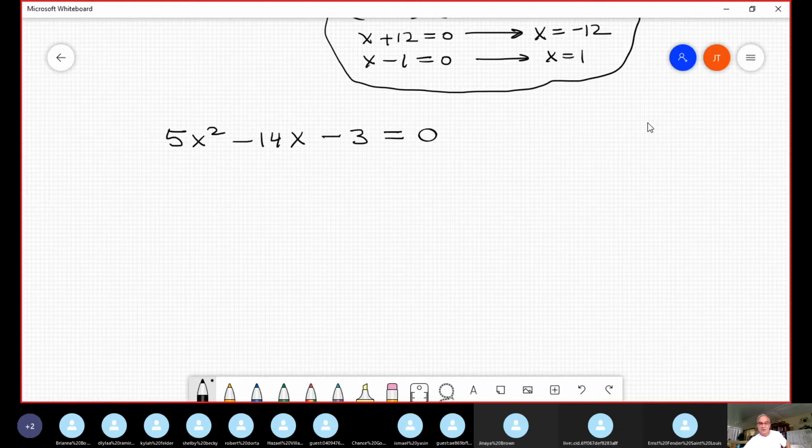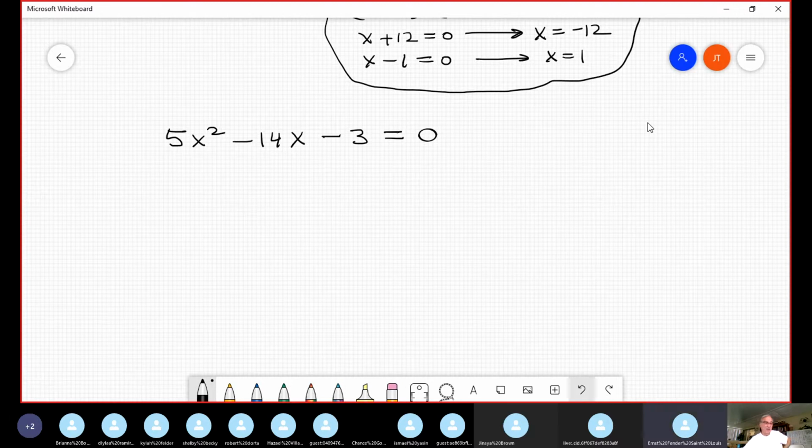We need to do this fast. Propose me something: quadratic formula or factorization. Factorization, the only disadvantage I can see, this trinomial, what kind of trinomial is it? Is it regular, special, or perfect square? Special. And special, you know, is always a little bit complicated, right?